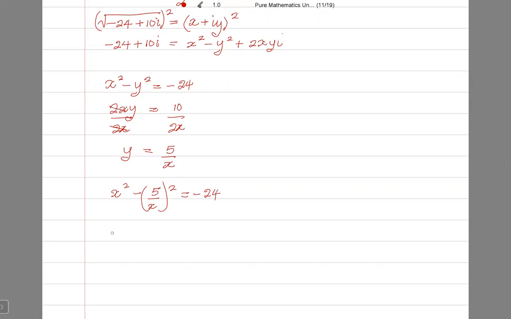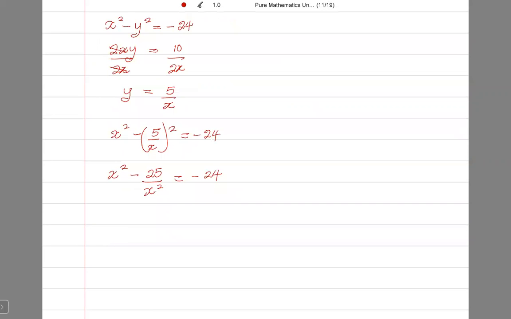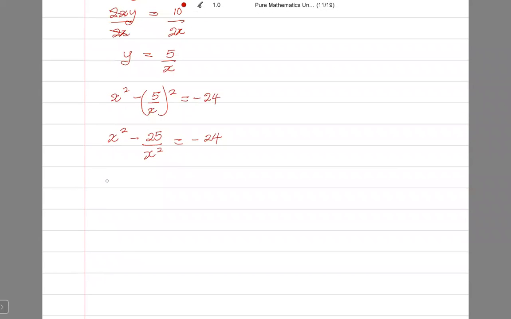I'm going to end up with x squared minus 25 over x squared is equal to minus 24. Then I'm going to multiply the entire equation by x squared to get rid of the fractions. I'm going to end up with x squared times x squared, making it x squared squared, minus 25 is equal to minus 24 times x squared.